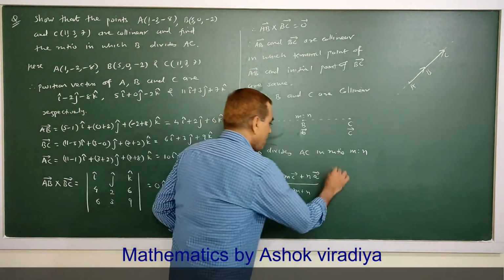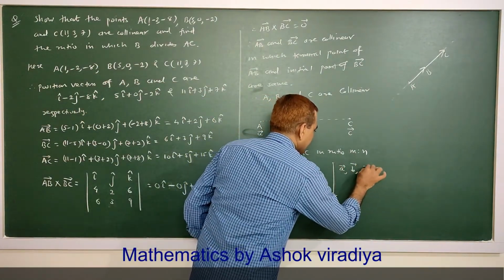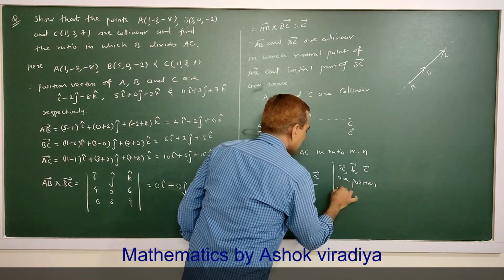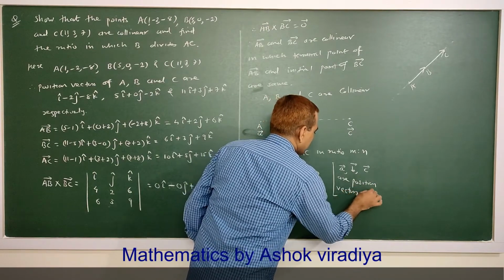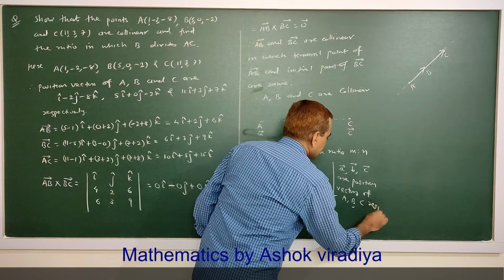So here in these symbols, vector A, vector B and vector C are the position vectors of A, B, C respectively.